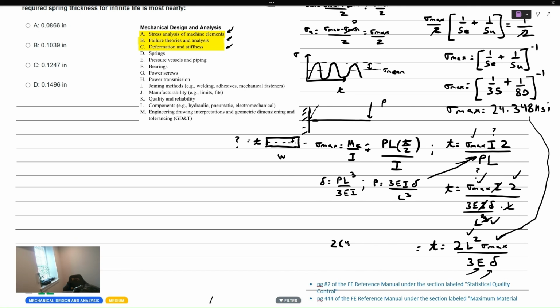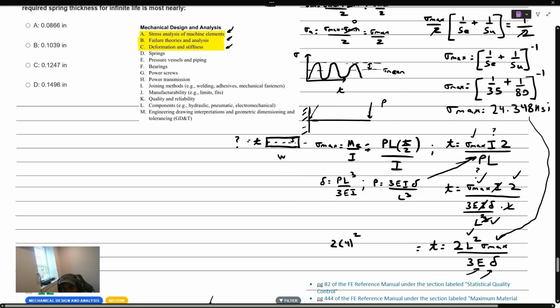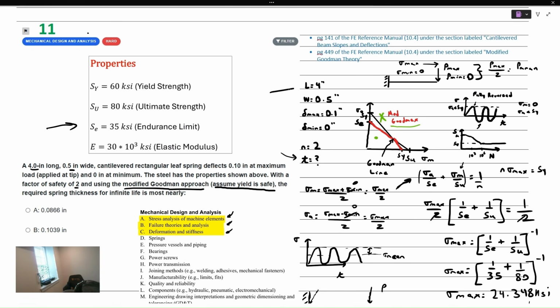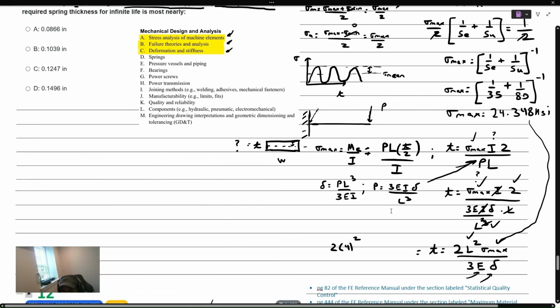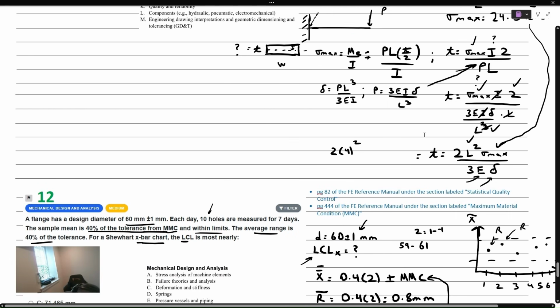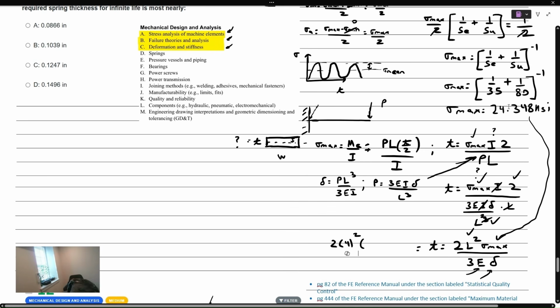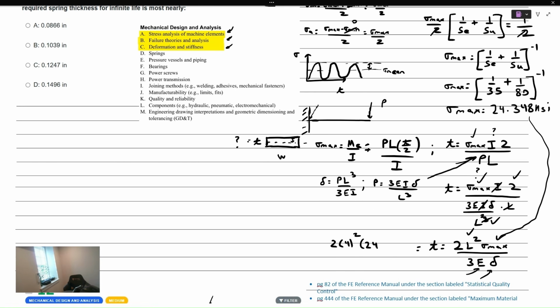2 multiplied by the length was equal to 4 inches. That's this term up here. And we also needed the elastic modulus. 2 times 4 squared multiplied by the maximum stress, if you could see it on the upper right over here, that's 24.348 KSI times inch squared. That's going to be kips in the numerator.